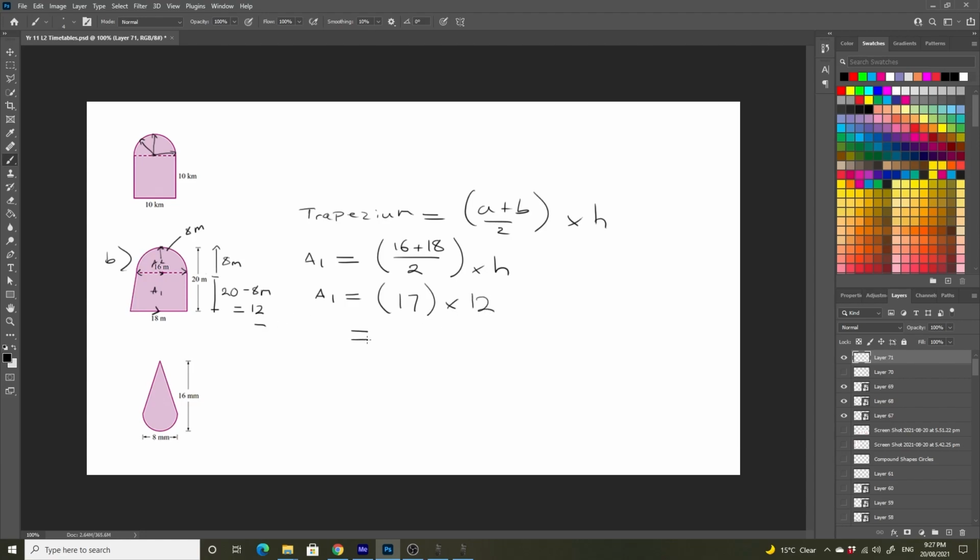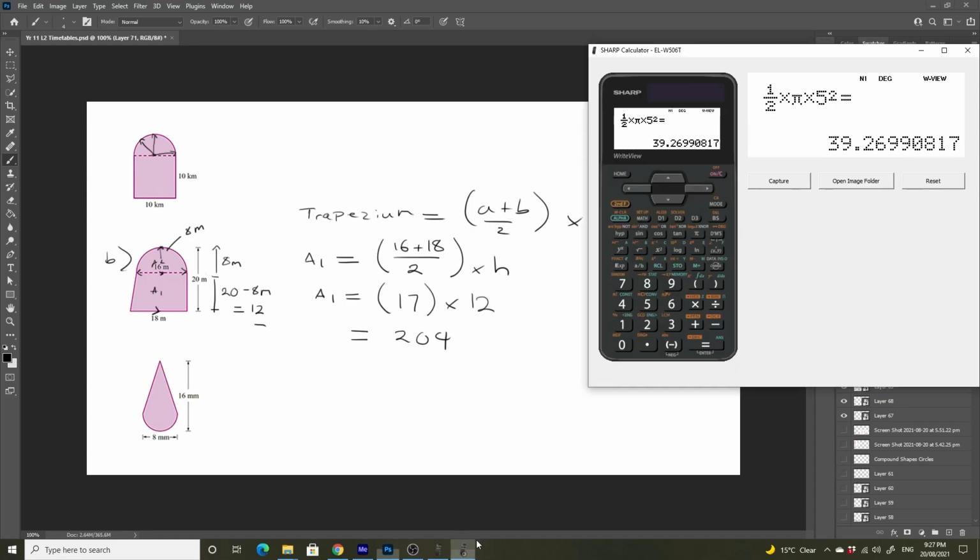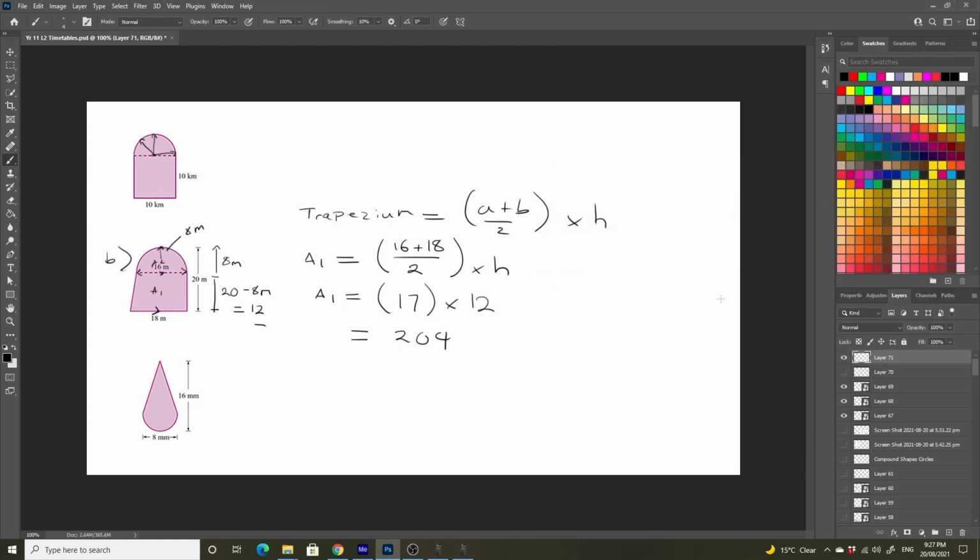So 17 times 12 is going to be 204. We can check that in our calculator. 17 times 12 is 204. And that's in meters, so this is meters squared.